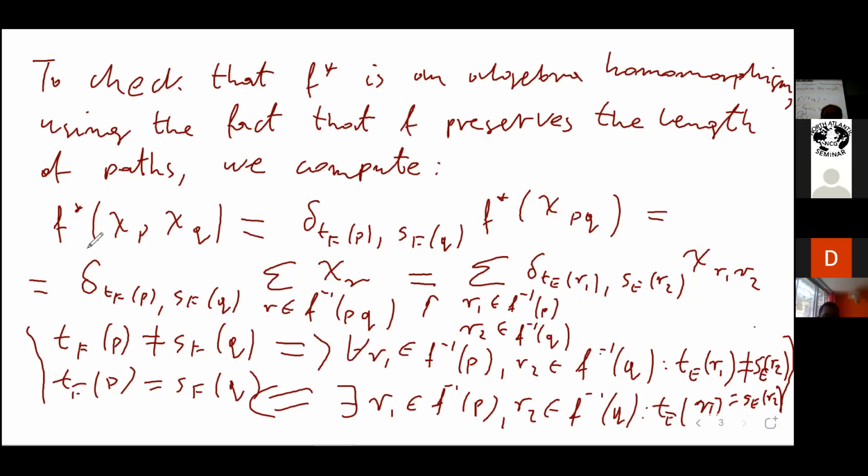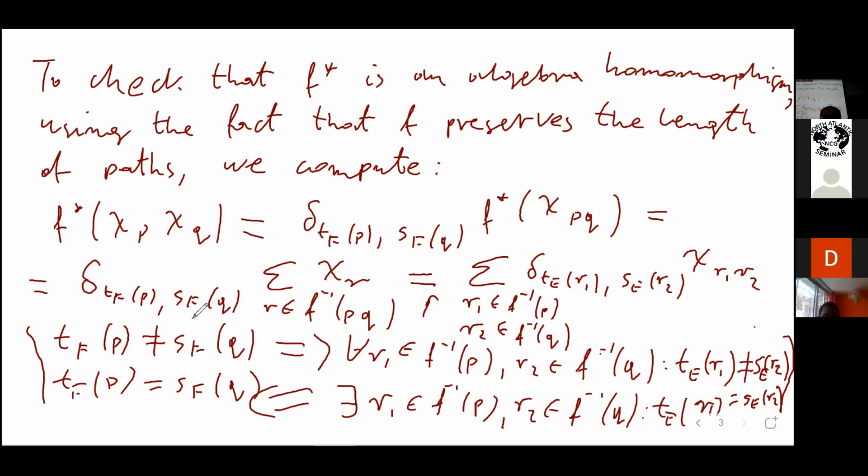If this Kronecker delta vanishes, then this Kronecker delta vanishes for all R1, R2, where R1 runs in the preimage of P and R2 runs in the preimage of Q. This is precisely what I wrote here. So we have at least one case verified. Now what we have to worry about is what happens when TF of P equals SF of Q.